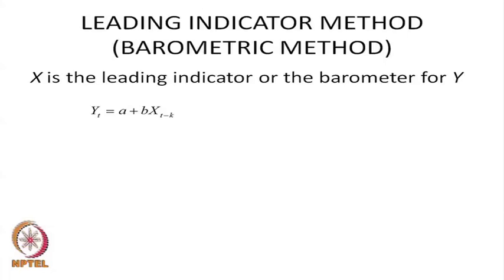Basically, the leading indicator method is like saying that if y is the demand which you would like to estimate for a product, find out some other indicator x for y.